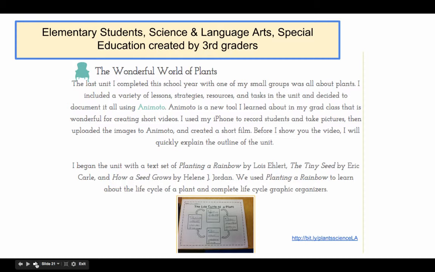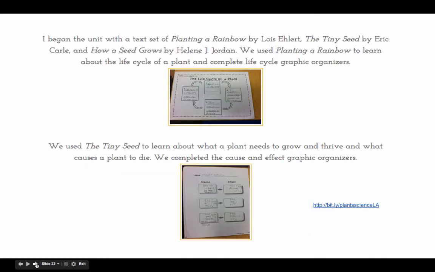The students did some planning, as you can see, using these brainstorming tools. And so they collected information from the books they were reading, and then they used this information to grow their plants.